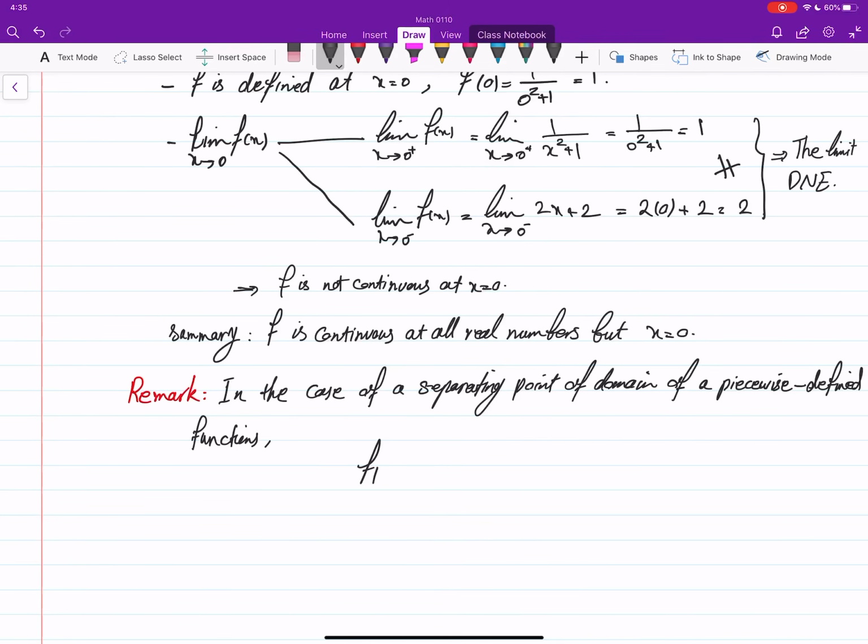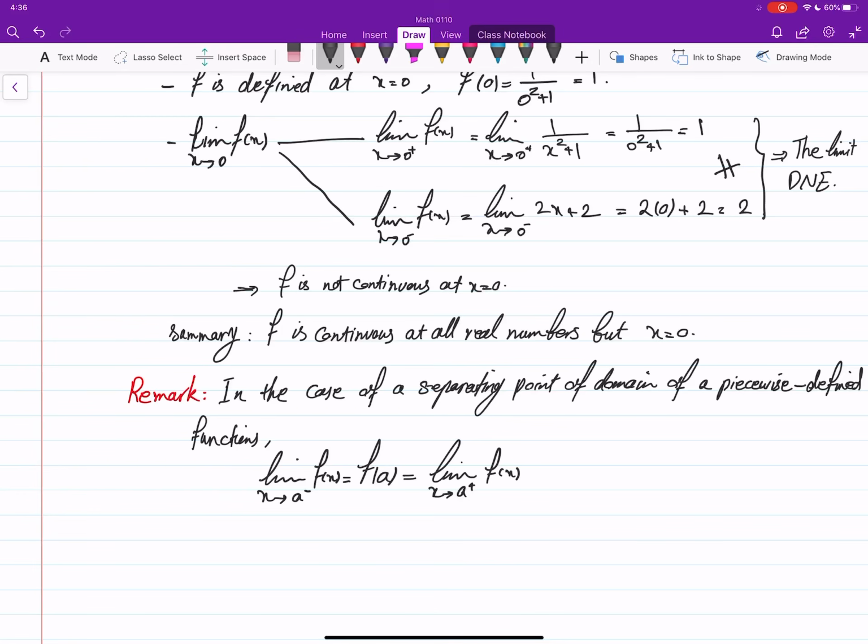well, we check first of all that the function is defined, and we have the value. We also need to check the limit, but at those points, the best way to approach is from the right and then from the left separately, and then set them equal to each other.